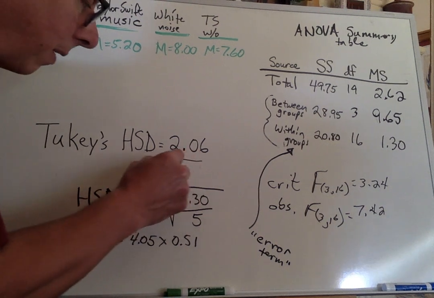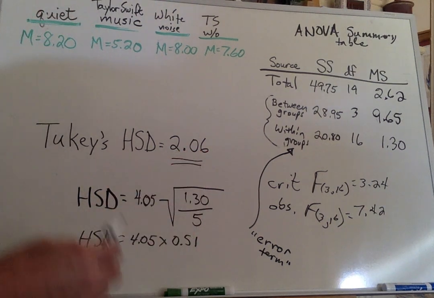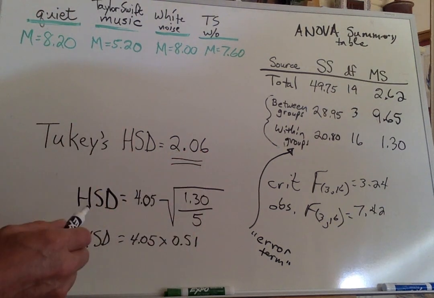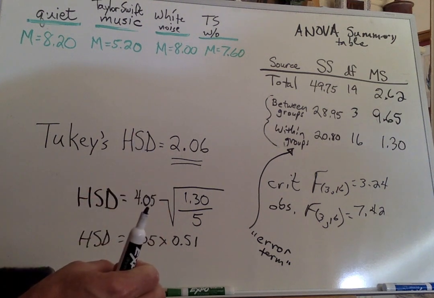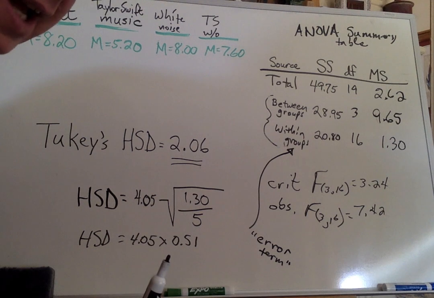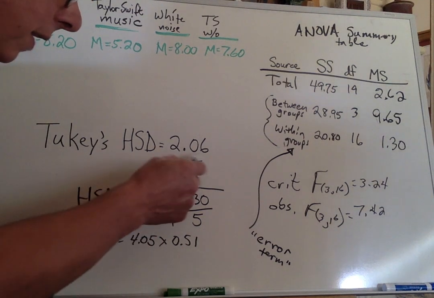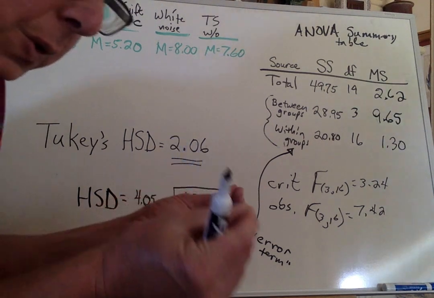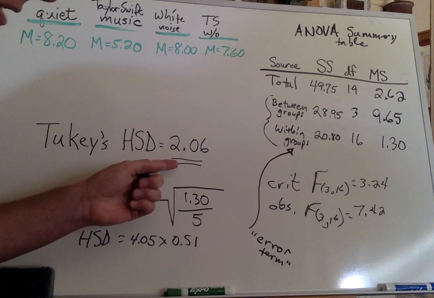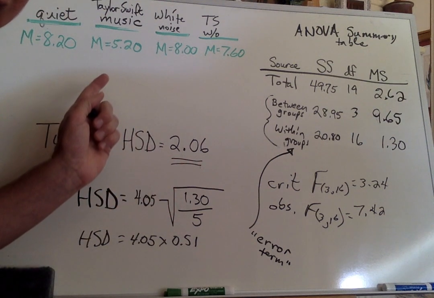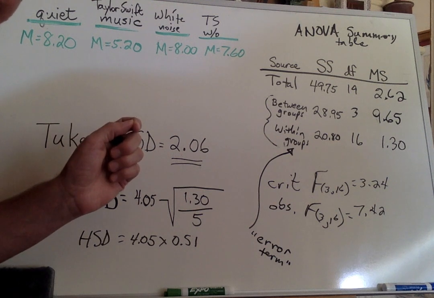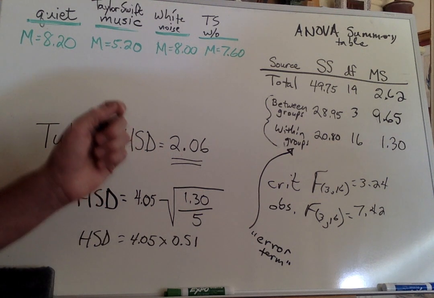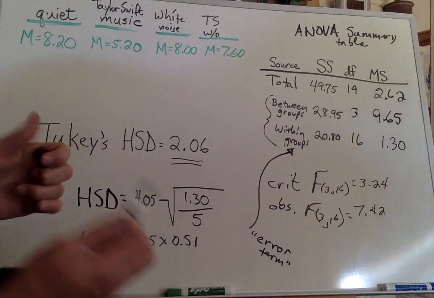This is how far apart any 2 means have to be for them to be statistically different. Let me say that again. This is how far apart, it's like a ruler, 2 means have to be for them to be significantly different from one another. If it's more, so be it.